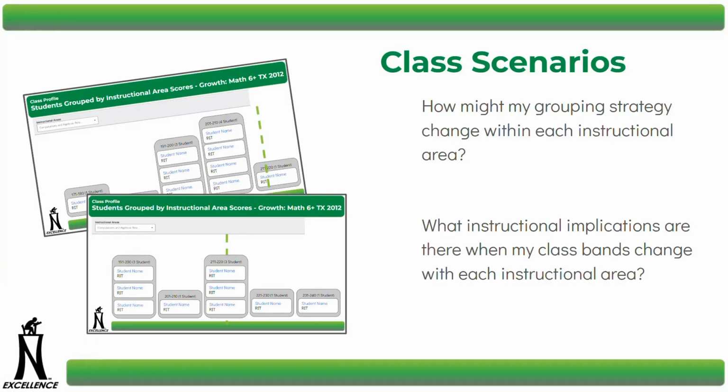And what instructional implications are there when my class bands change with each instructional area? Like I said, when you change those instructional areas, your students are going to shift. Some might be really good at one area and might have scored lower in another. It's very important that we look at the instructional area that we're currently in or moving into, to place our students accordingly.